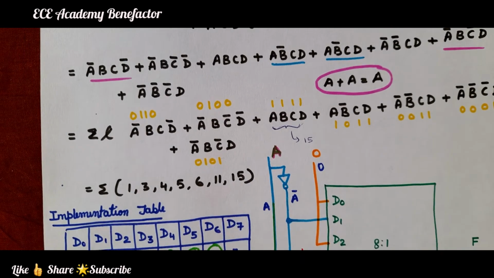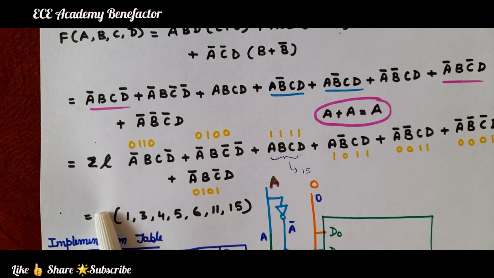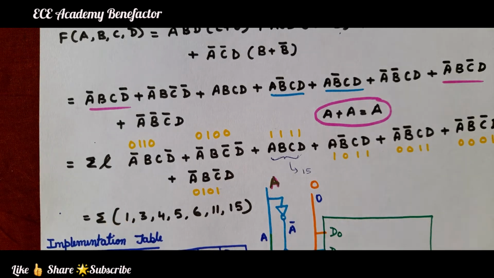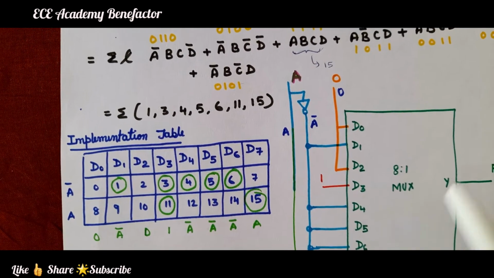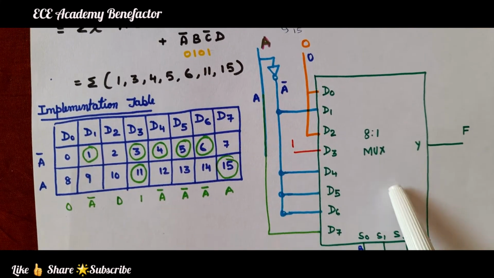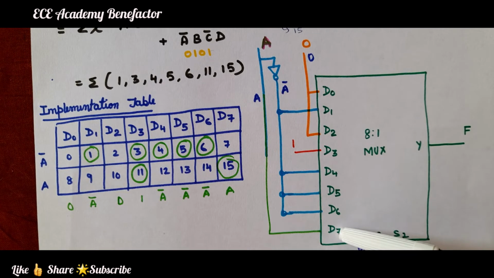Now, this is a 4 variable function, but we need to implement it using 8:1 mux. So, definitely we have to go for an implementation table. 8:1 mux means it will have 8 inputs, D0 to D7.